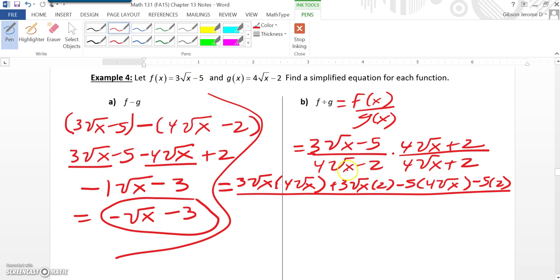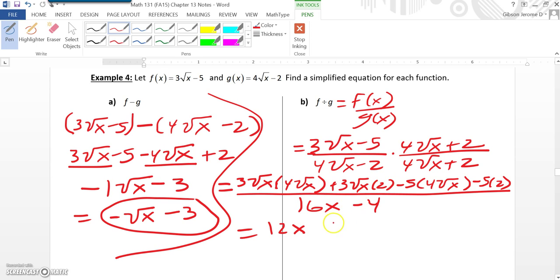Now the denominator is the same. We'll take the first value times the first value. 4 square root of x times 4 square root of x will just give us 16x. And negative 2 times positive 2 we know will give us a minus 4. So now we will multiply our numerator. This would be 3 times 4 is 12 square root of x, and square root of x will just give us x.